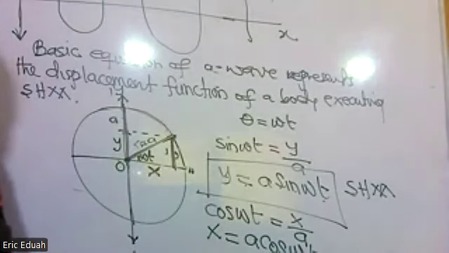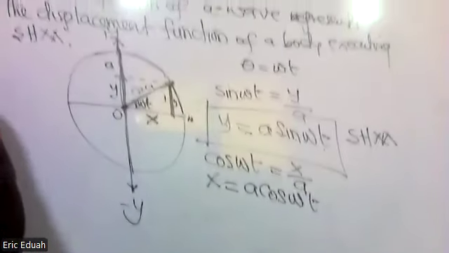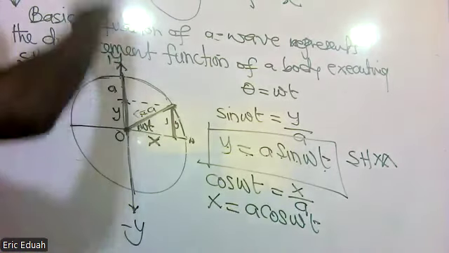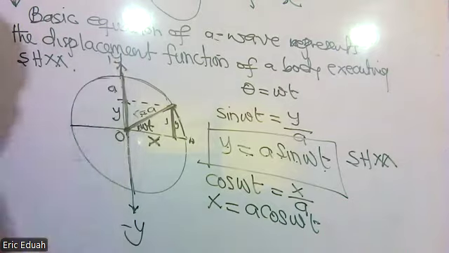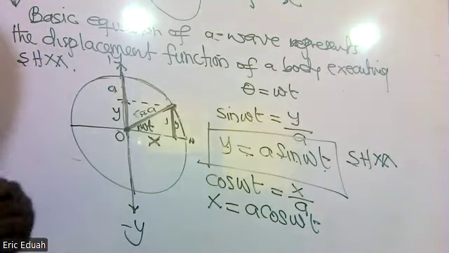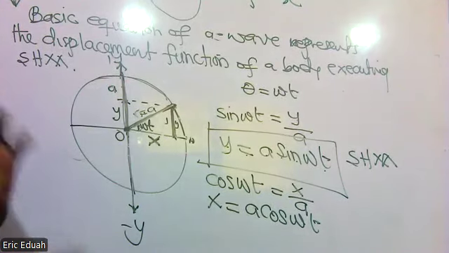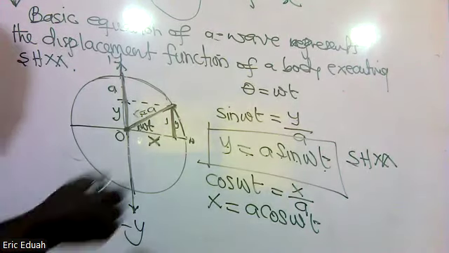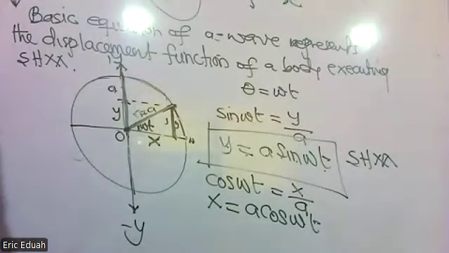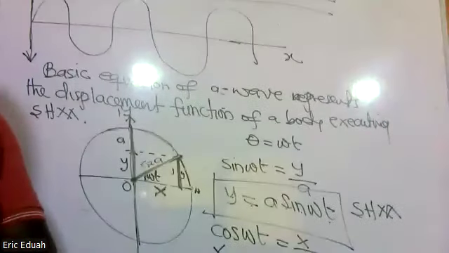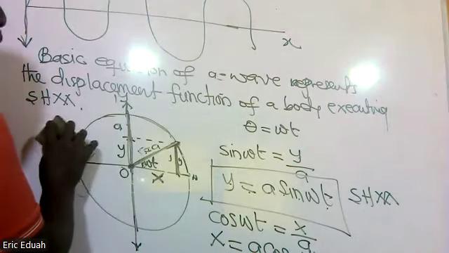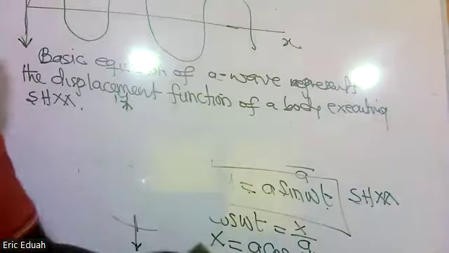This is the displacement equation of a body executing simple harmonic motion along the x-axis, whereas the y one is the displacement equation along the y-axis. So generally, the displacement equation of a body executing SHM can be this or that, either cosine or sine. So because a wave motion represents simple harmonic motion, the basic equation of a wave is given by what we've just derived.